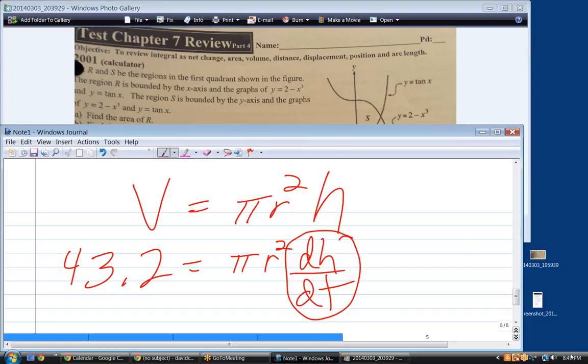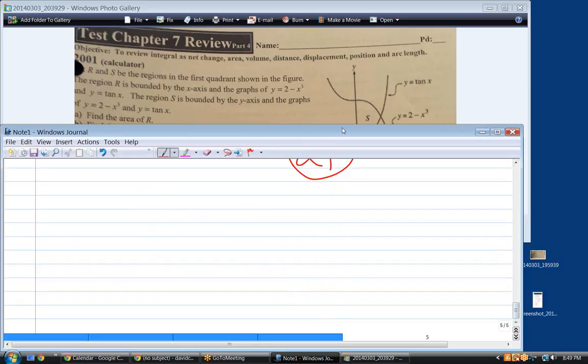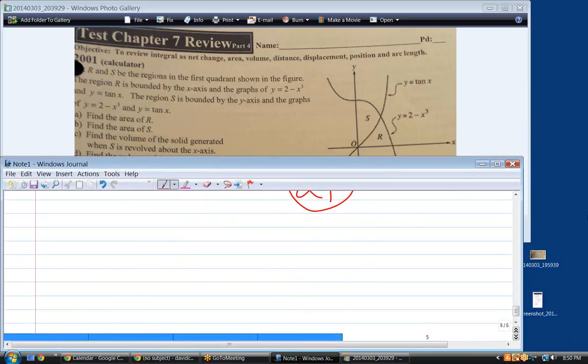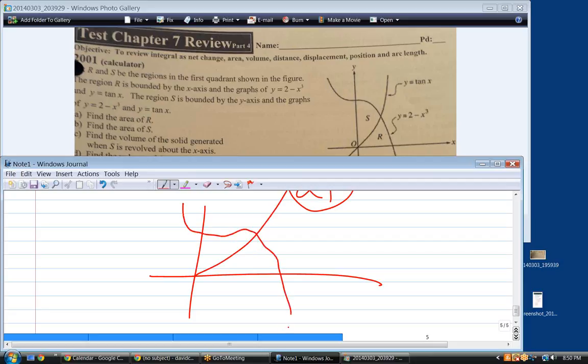For R, we can figure out where the line y equals 2 minus x cubed crosses the x-axis. Right. So we can integrate from 0 to that, and then we do right minus left.